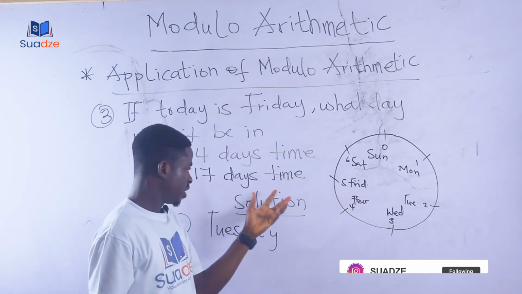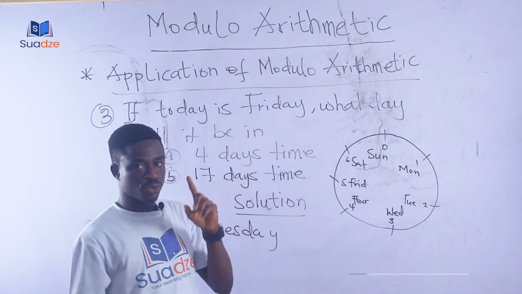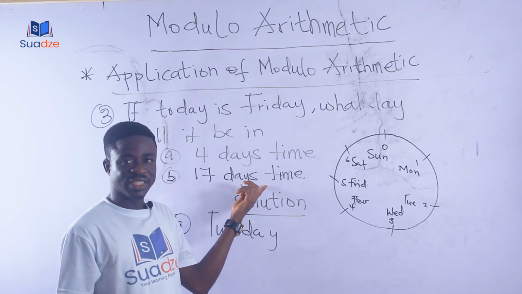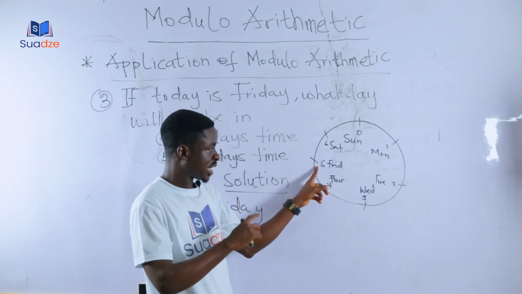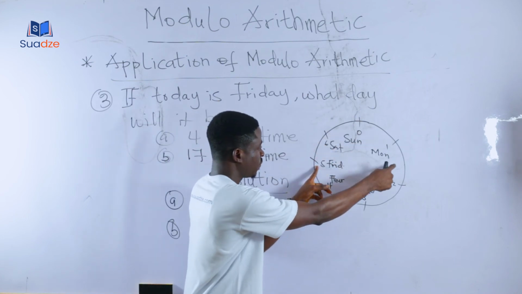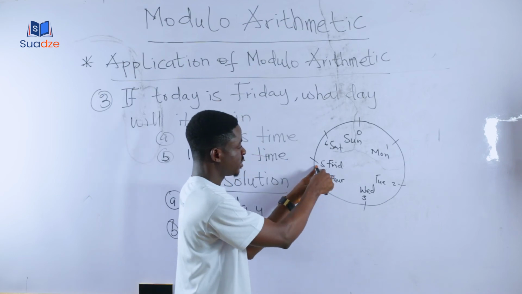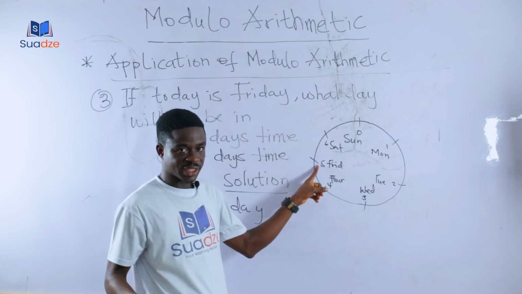So 17 days, this is 14 here, so 15, 16, 17, which is Monday. Let me repeat the answer again. Today is Friday. I want to know which day it will be in 17 days' time. So we stand at Friday and start counting 1, 2, 3, 4, 5, 6, 7. So in 7 days' time, it will be Friday again.